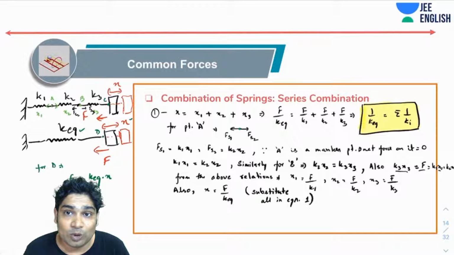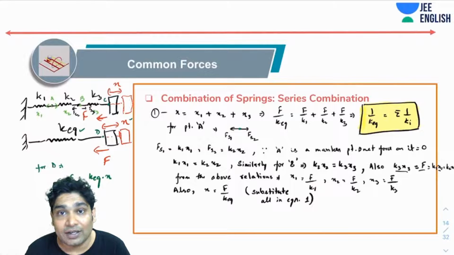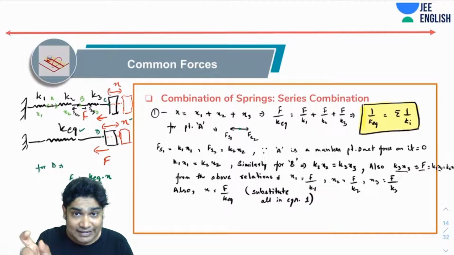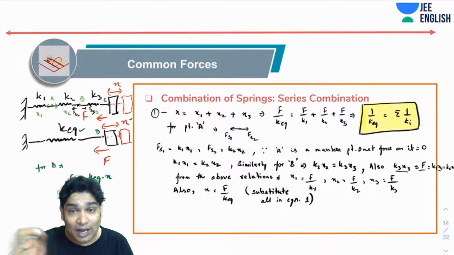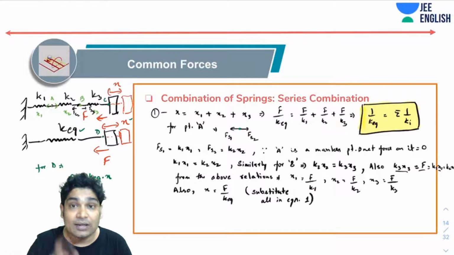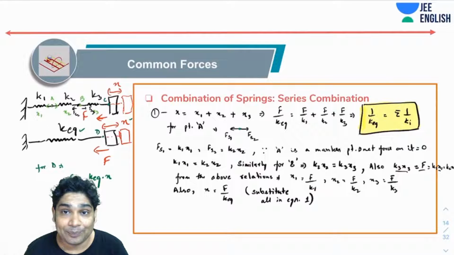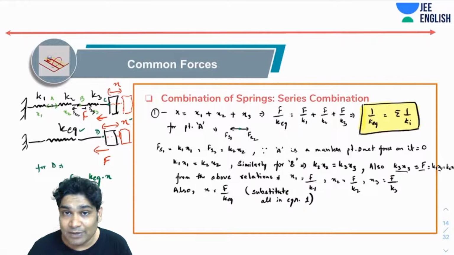See how we got the formula for K equivalent. Now if I have n number of springs in series, I can replace all n springs by a single spring having a spring constant which we are calling K equivalent. Please let me know if you're following all this.